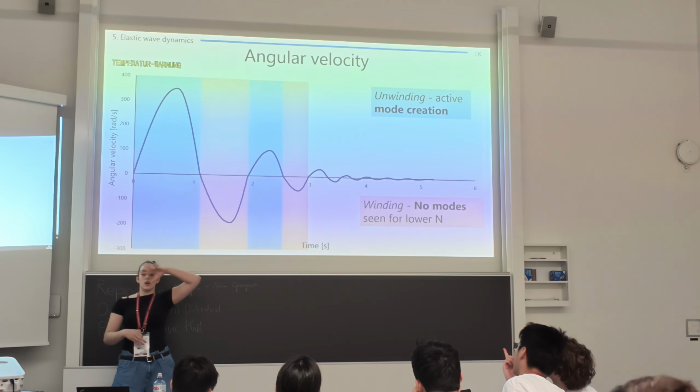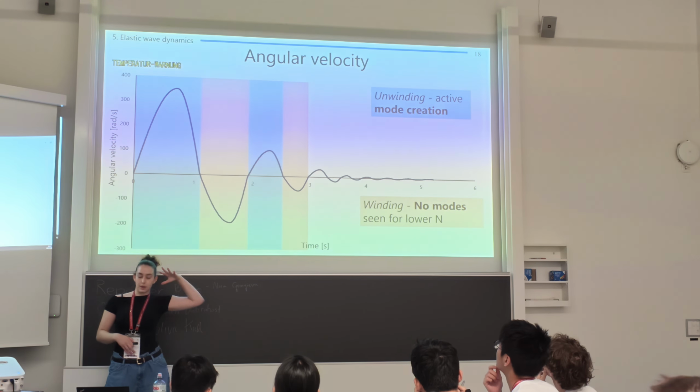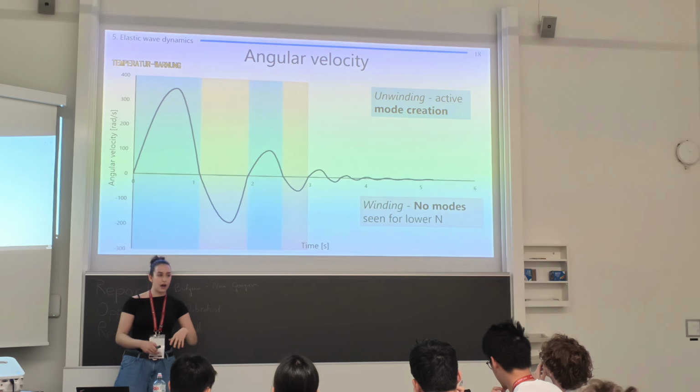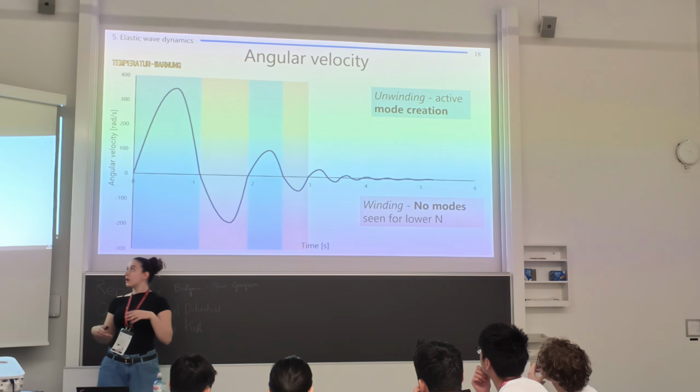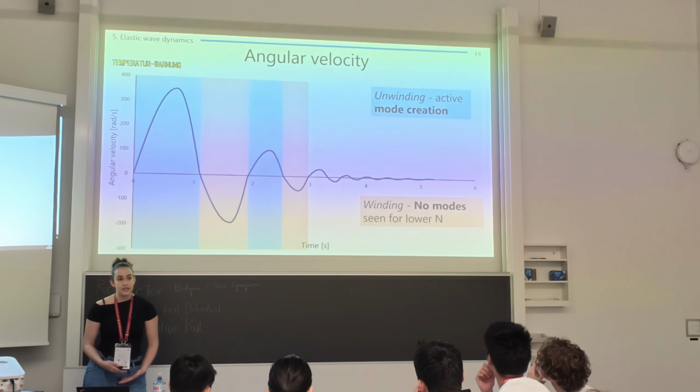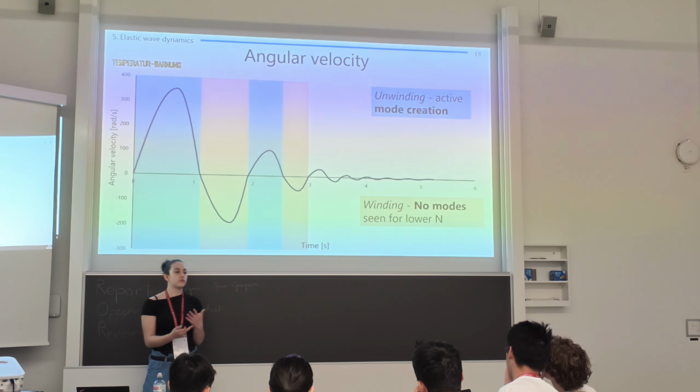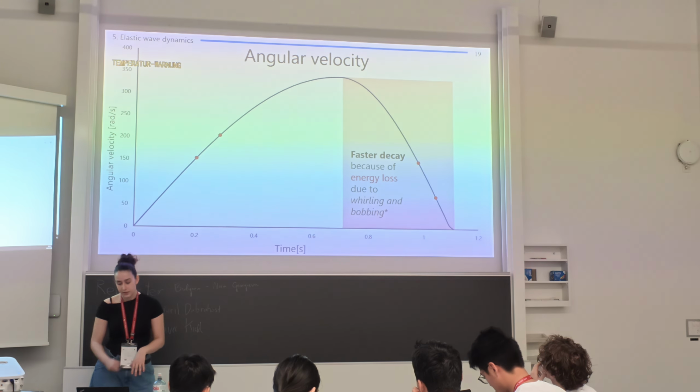The first one is when the band winds up, in which we have clear modes, and when it unwinds, in which we do not see modes, if not for special cases.